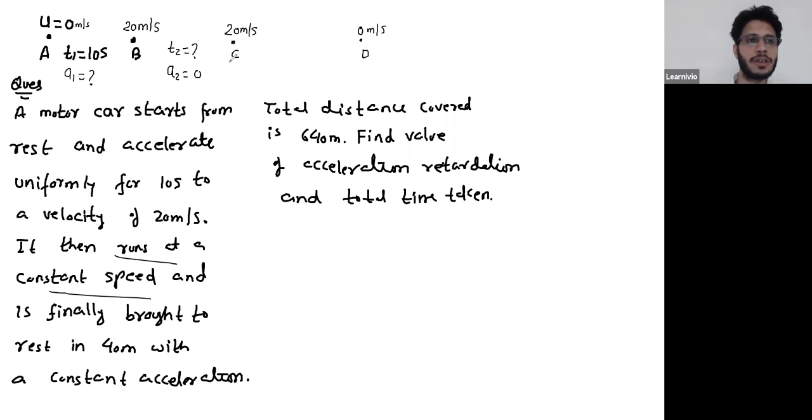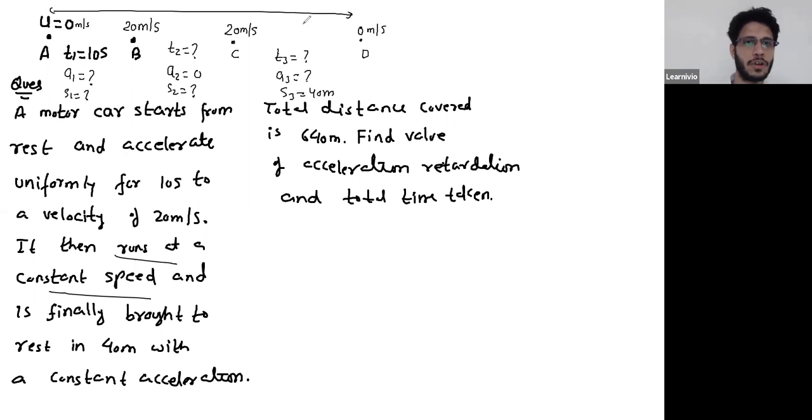The displacement S1 is unknown, S2 is unknown, T3 is unknown, A3 is not given, but displacement is given. It stops in 40 meters. And the total distance is given, 640 meters. We are supposed to calculate acceleration for each part and time taken for each part.